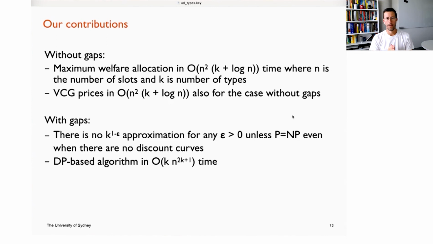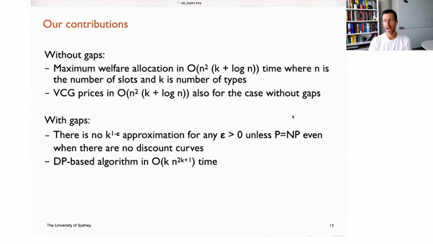So what can we do beyond this? Well, we can also compute the VCG prices in the same time. This also holds for the case without gaps. What if we throw gaps in there? Well, the problem becomes significantly harder. So what we can show is that there is no k to the 1 minus epsilon approximation for any epsilon, unless P equals NP, even when there are no discount curves, right?